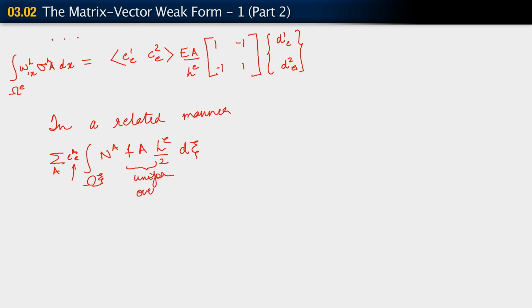over the element of interest. Okay, what that lets us do, so let's say if these two are uniform over the element of interest, we can write this also using this matrix vector form, and in this case we actually just have a simple sort of dot product of vectors effectively.